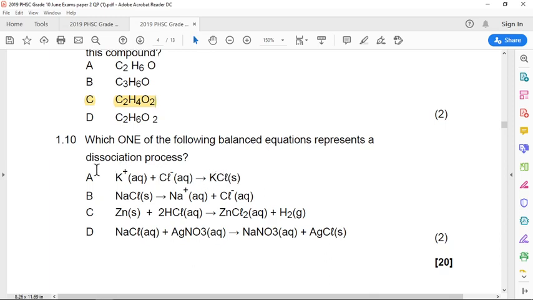This is completely the reverse of dissociation. Here is a solid going to aqueous ions. This looks promising. This is a chemical reaction. It is not a dissociation process. This is actually a reduction oxidation reaction. And this is a precipitation reaction. So that is the correct equation, 1.10b.